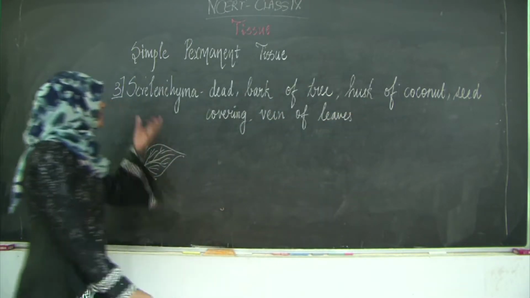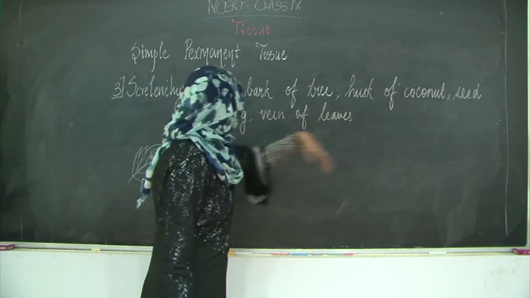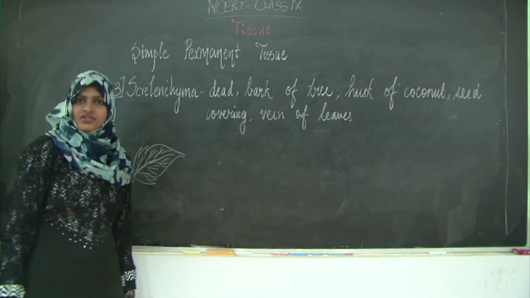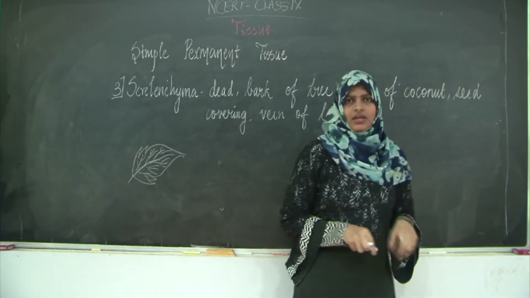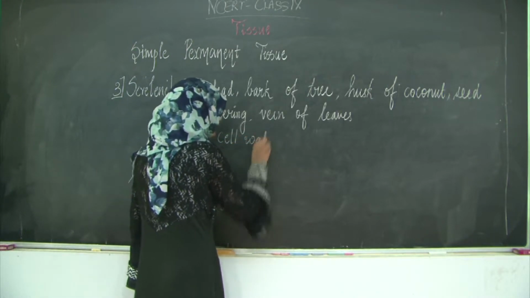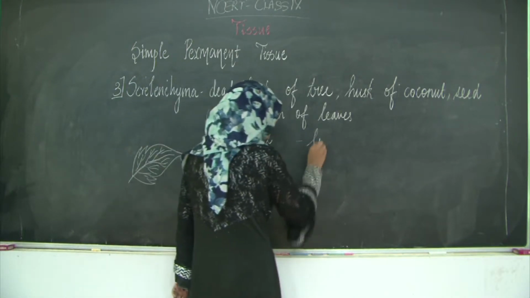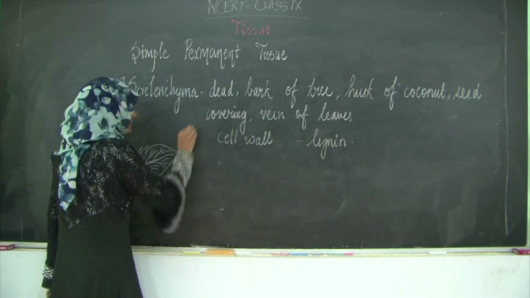Okay, so the sclerenchyma is dead tissue present at the bark of the tree, the husk of the coconut, seed covering, and the veins of the leaves. Now this has a very thick cell wall, and the cell wall over here is made up of lignin. This lignin deposition makes the cell wall very hard.